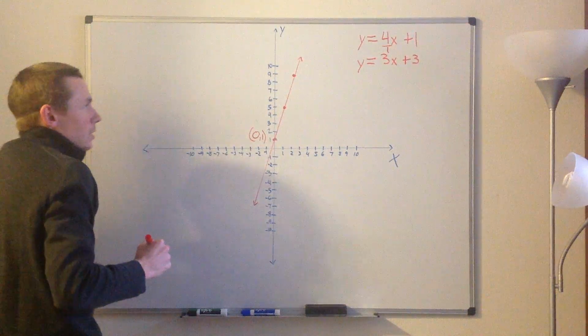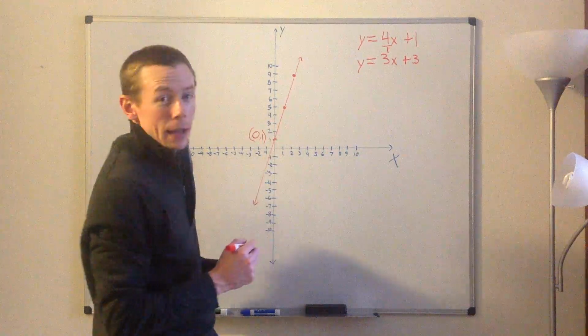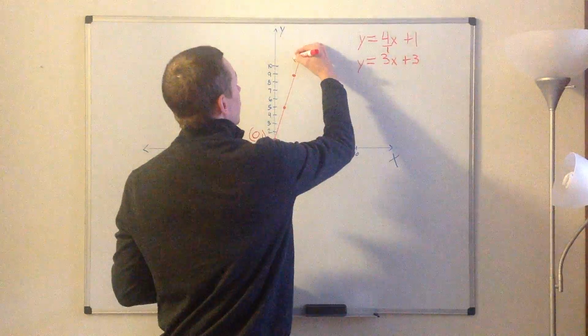Okay, so that is the line y equals 4x plus 1. So I'll label that.